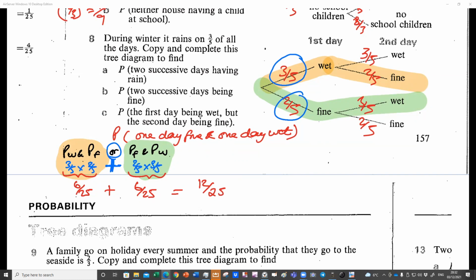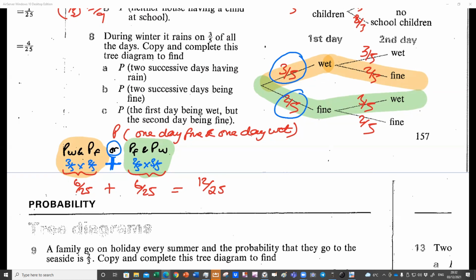What is implied? 1 day fine and 1 day wet means in any order. They don't have to say in any order. That's implied automatically from the wording. It's assumed that you know that. Okay, the other wording for C is the first day being wet and the second day being fine. That's very specific. You can't get that wrong. Okay, are we happy with that?